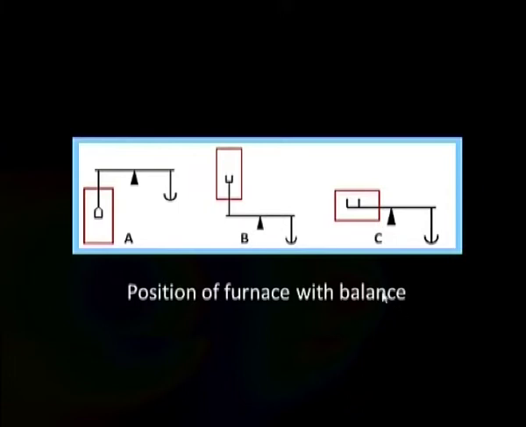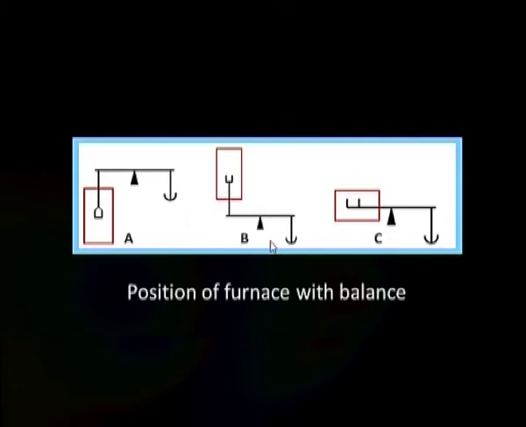Nitrogen or argon gas is usually used to purge the furnace and prevent oxidation of the substance. Here we are showing you the position of the furnace with respect to the balance. You can see here in case A, this is our furnace and the balance is on the other side.